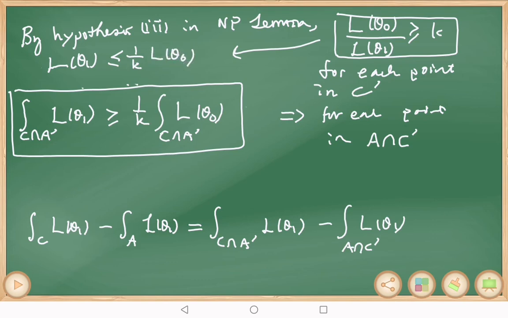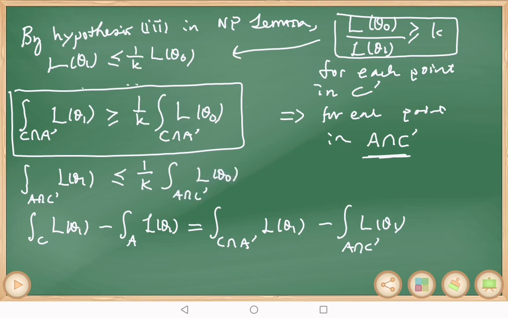So if you rearrange, you can see this very clearly. Here we take integration on both sides, right? So we will get the integral with respect to this region, A intersect C complement, bounded by 1 over K times the integral over A intersect C complement of L theta naught, right?